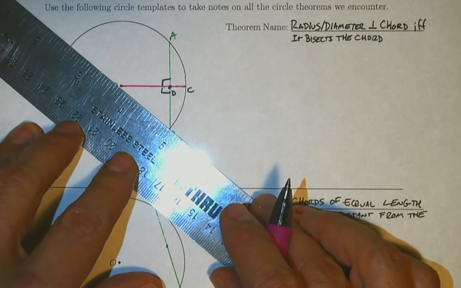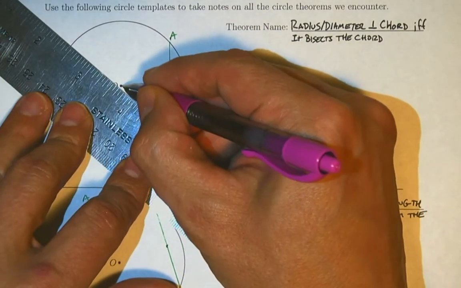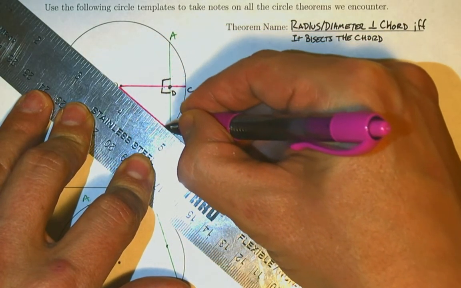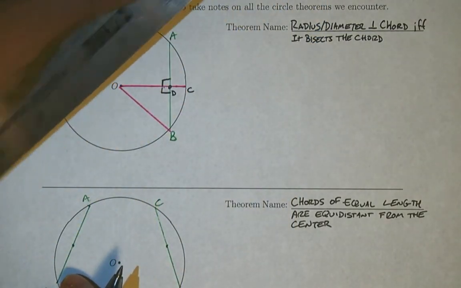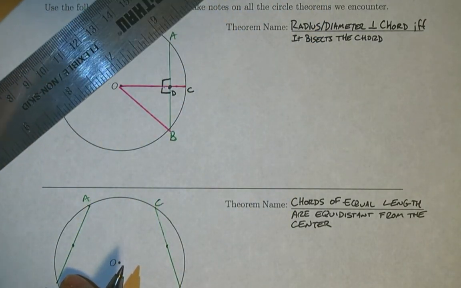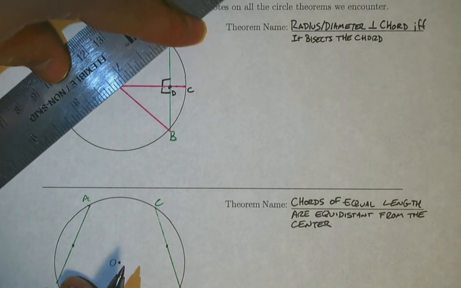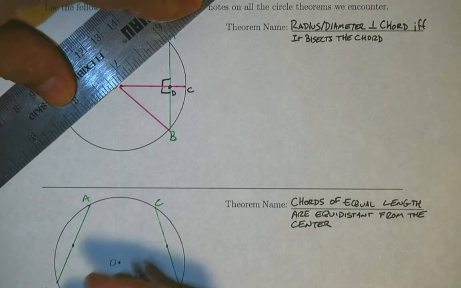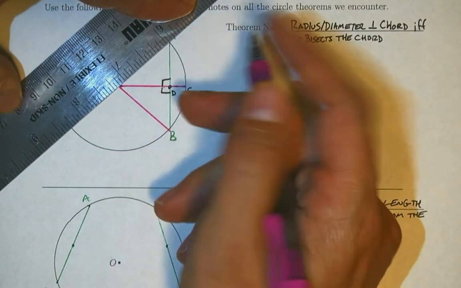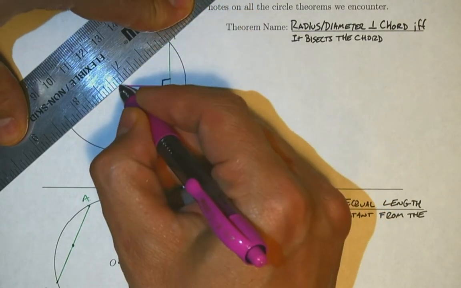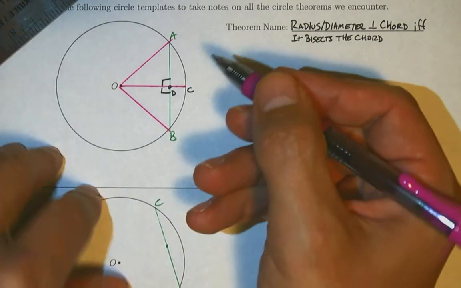if I draw in a radius here, OB, and I draw in another radius here, OA, then OB and OA are automatically the same length because they're both radii.